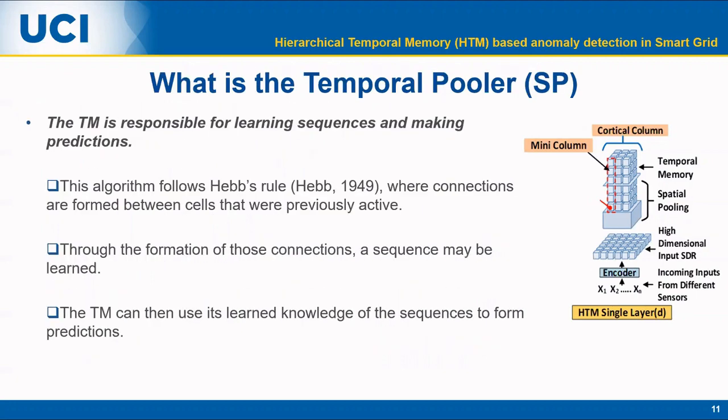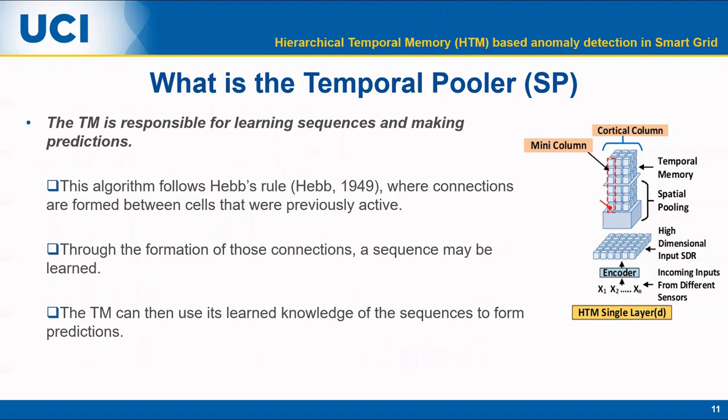The next block is the temporal pooler block. The temporal pooler block, or temporal memory, is responsible for learning sequences and making predictions. This algorithm works by following the Hebbian rule.